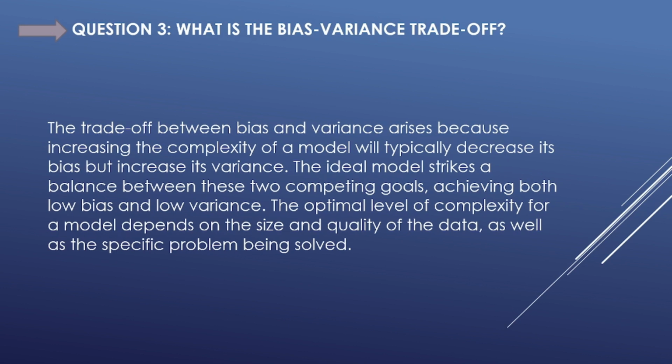The trade-off between bias and variance arises because increasing the complexity of a model will typically decrease its bias but it increases its variance. The ideal model strikes a balance between these two competing goals, achieving both low bias and low variance. The optimal level of complexity for a model depends on the size and quality of the data, as well as the specific problem being solved.